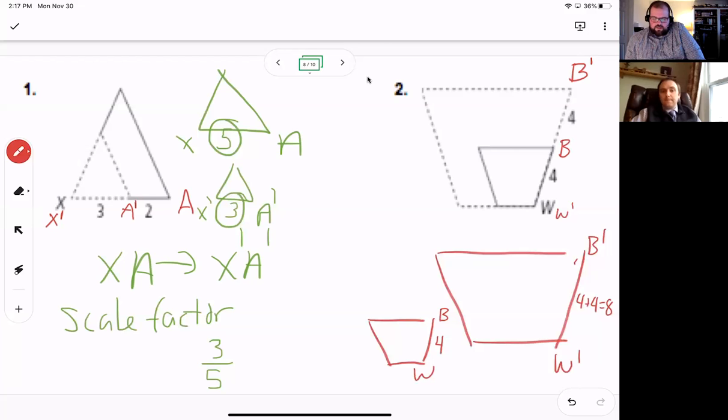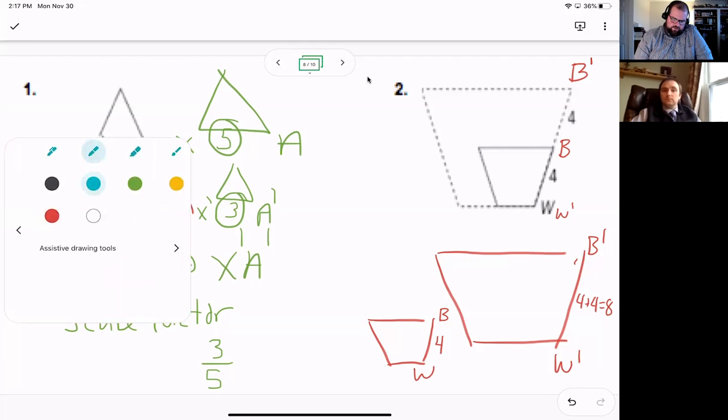All right, so we're doing the same thing, but different for our trapezoid-type things. And we're going from BW to B prime W prime, going from 4 to 8. And I'm going to treat this a little bit differently than Mr. Butterworth did, just to give you some help if you're confused where that 3/5 came from.